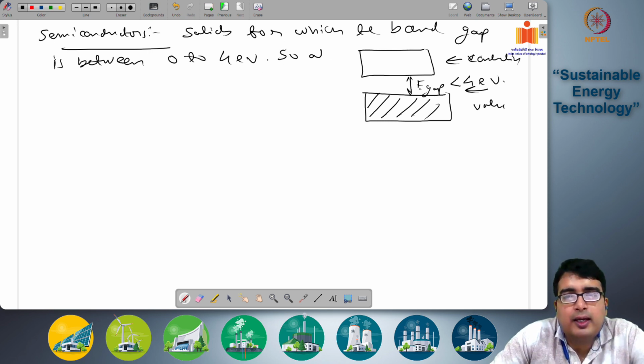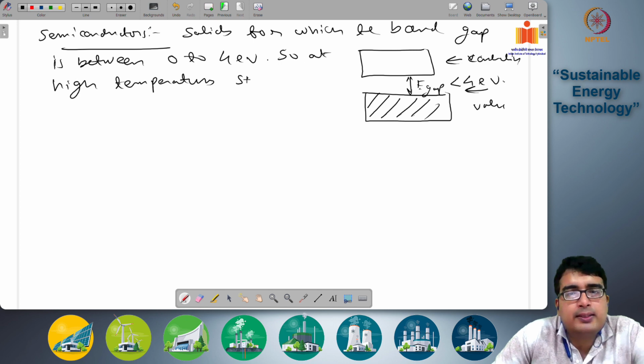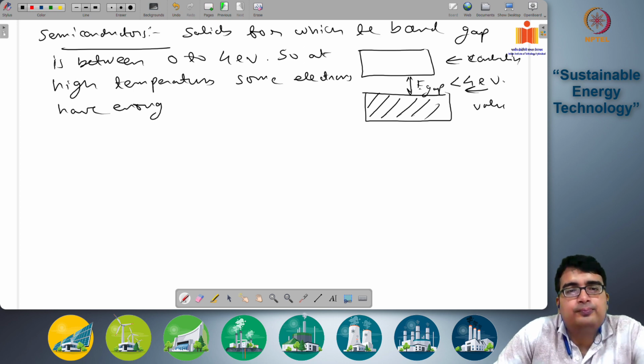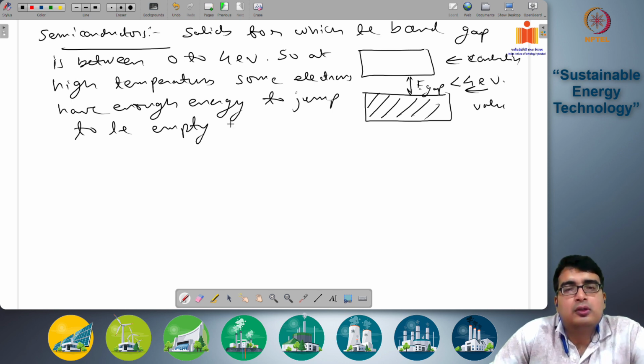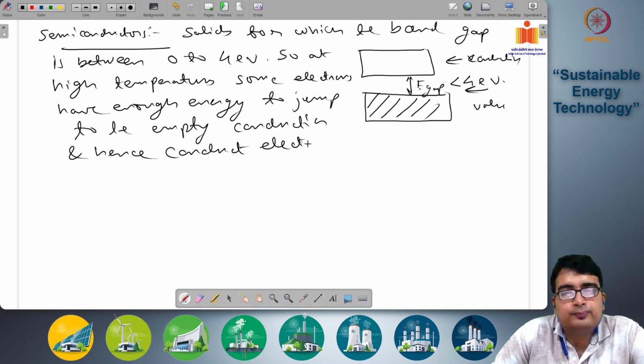So at high temperatures, some electrons have enough energy to jump to the empty conduction band, and hence conduct electricity.